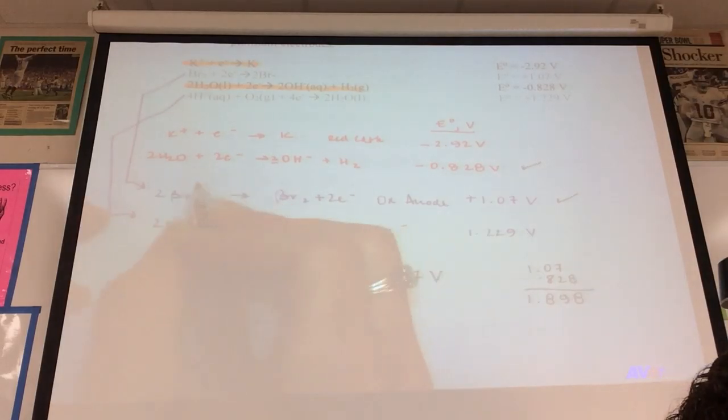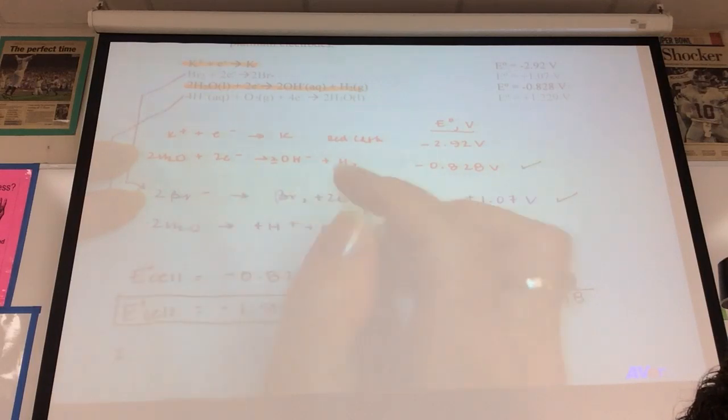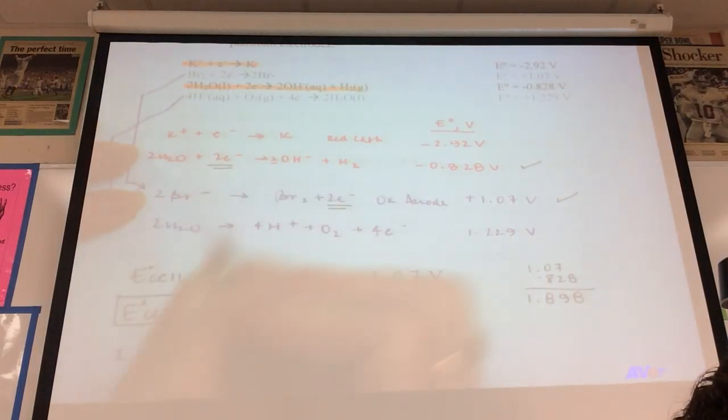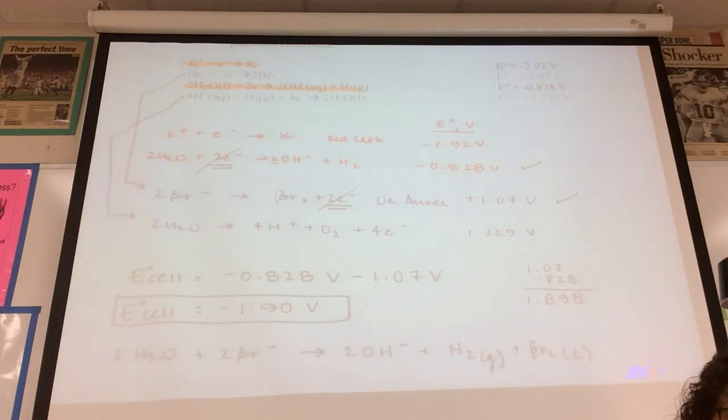So these are our two reactions. So what's our net reaction then? We'd have two, oh wait, careful. Yeah, 2 electrons here, here, so we're good there. So 2 waters plus 2 bromide ions yields 2 hydroxide ions, hydrogen gas, and bromine, which is a liquid.